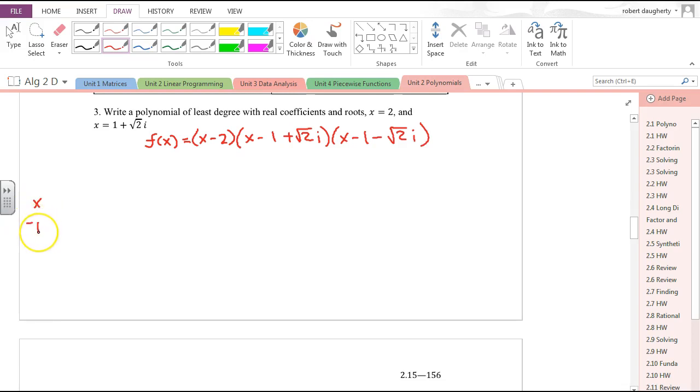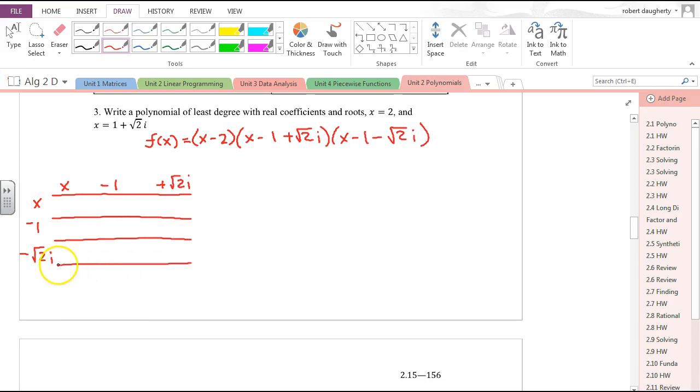So let's find space for that. x minus 1 minus root 2i, and then x minus 1 plus root 2i. So this is x squared minus x, and then x root 2i.